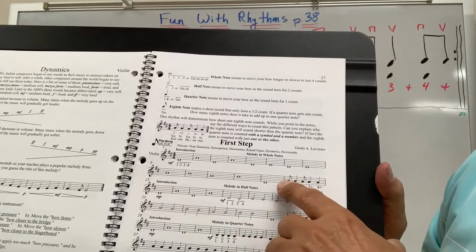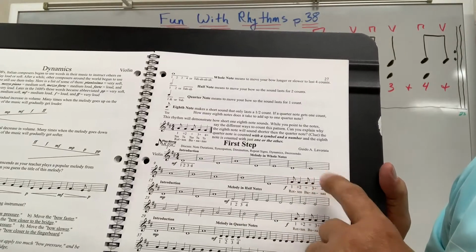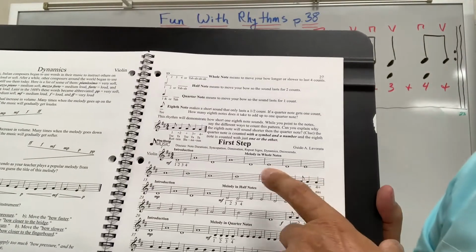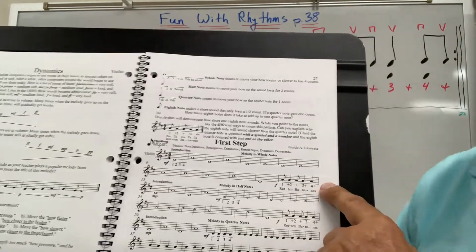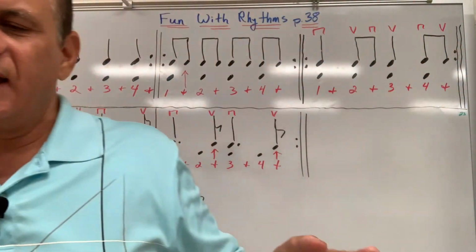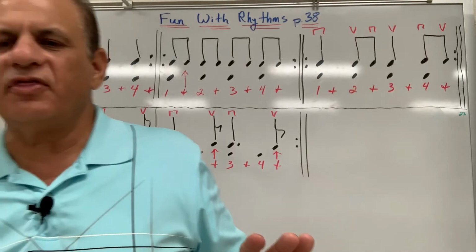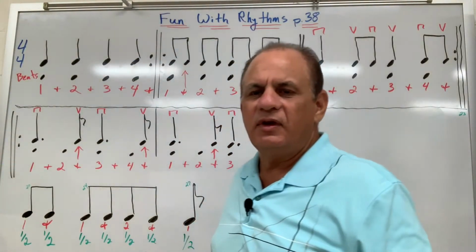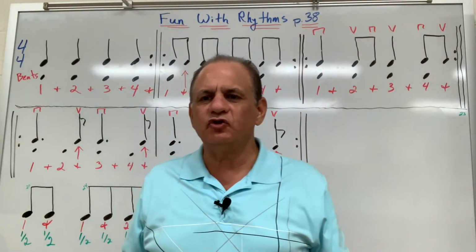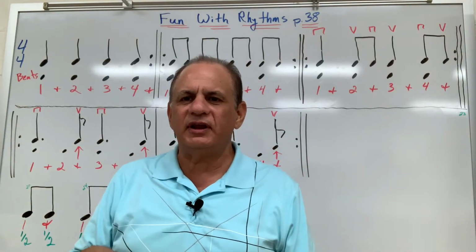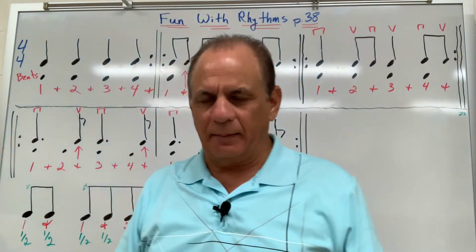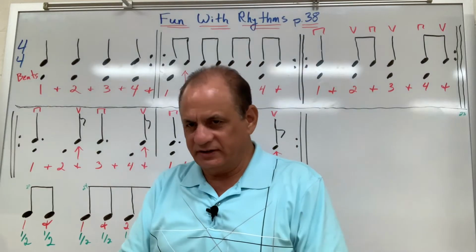So we have 1 and 2 and 3 and 4 and. Now I go into more detail with counting the eighth note by itself. You could search on YouTube Americana Strings and then look for the video that says First Step, and I go into more detail with that.